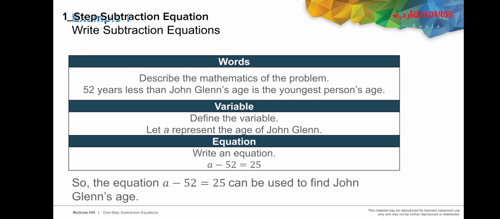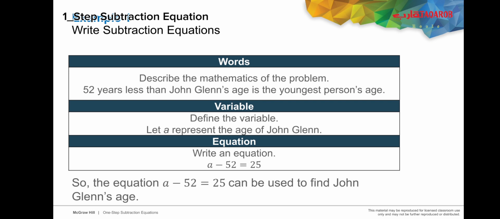So, the youngest person's age was 52 years less than the first person, whose name was Glenn.